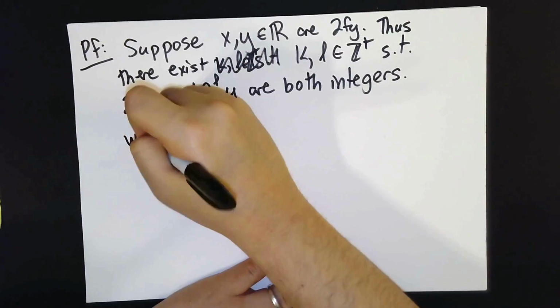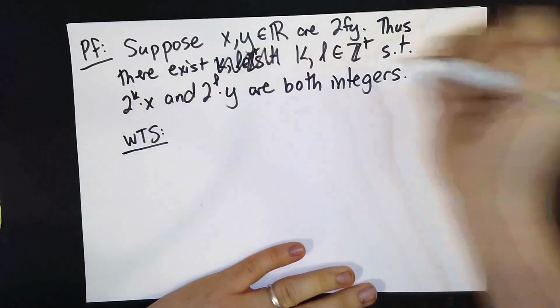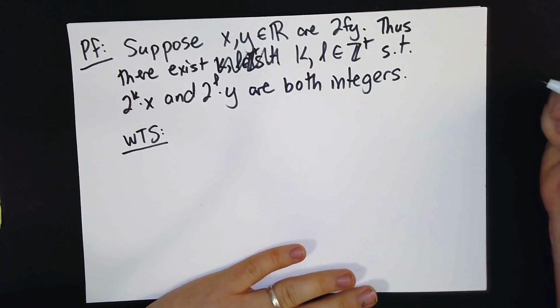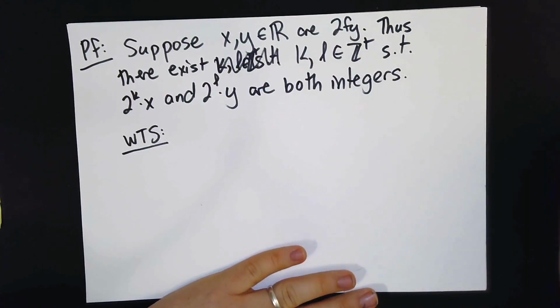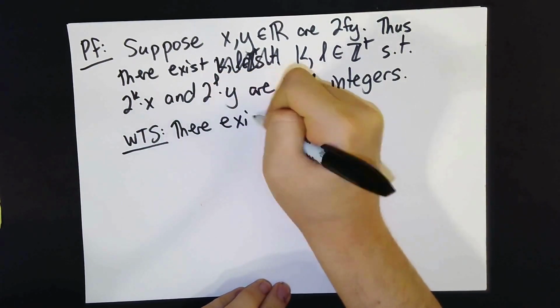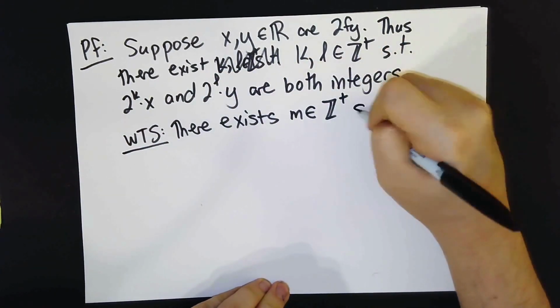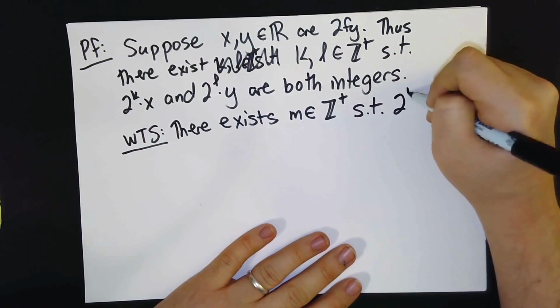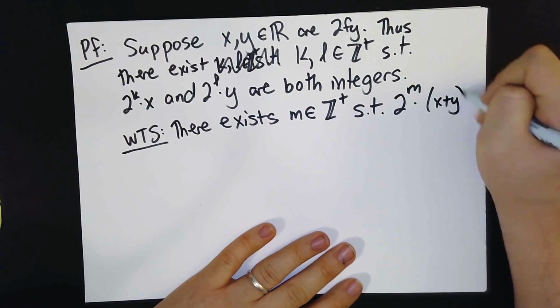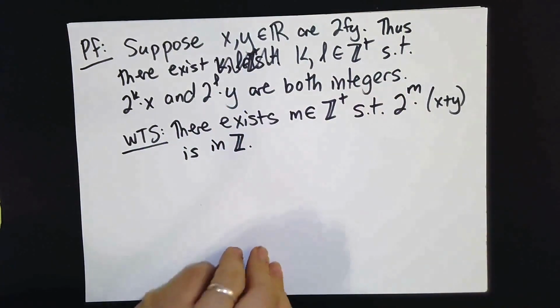And now what is it I want to show? I want to show that x plus y is 2phi. That is, I want to show that there exists some integer m such that 2 to the m times x plus y is an integer.